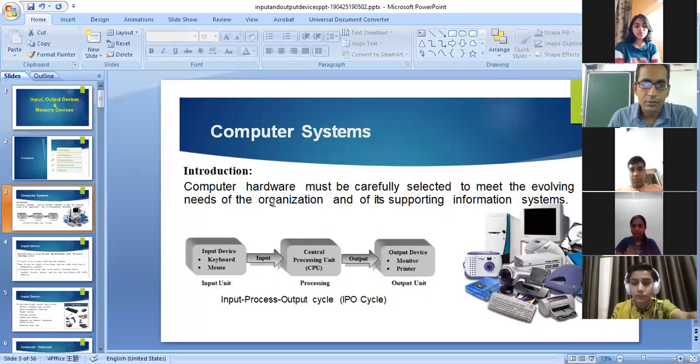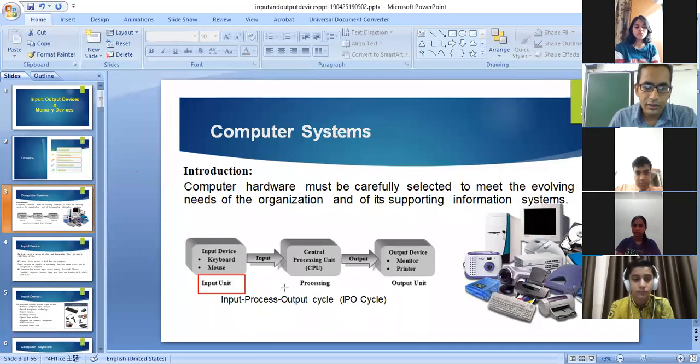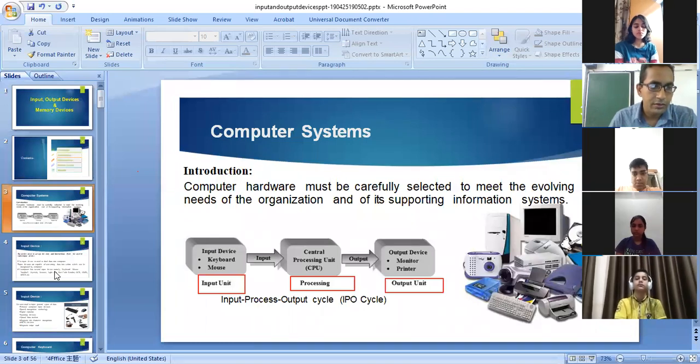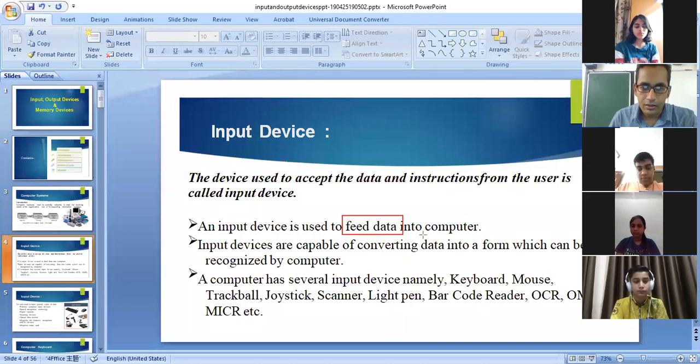The computer hardware includes the input unit, the processing unit, and the output unit. The input device is used to feed data into the computers. This we have done all before.